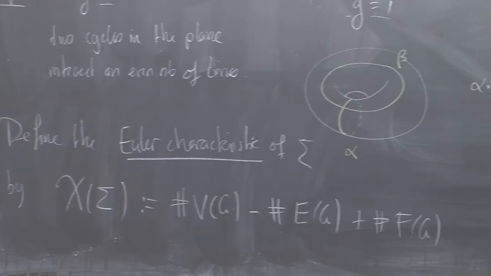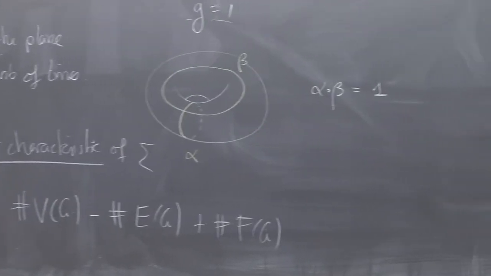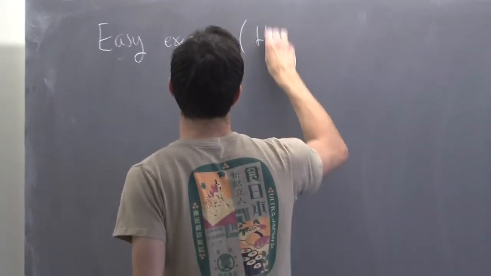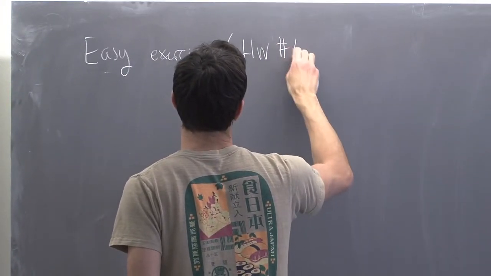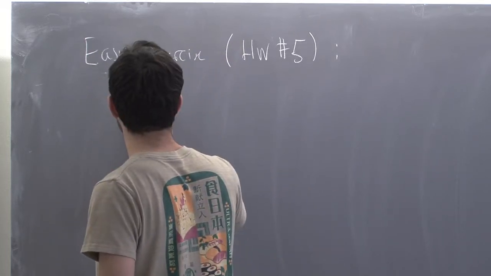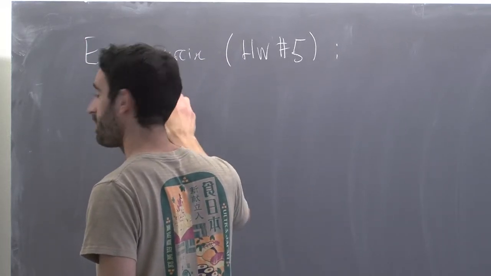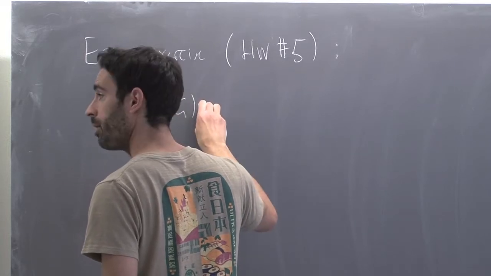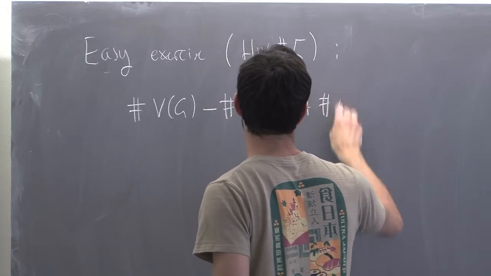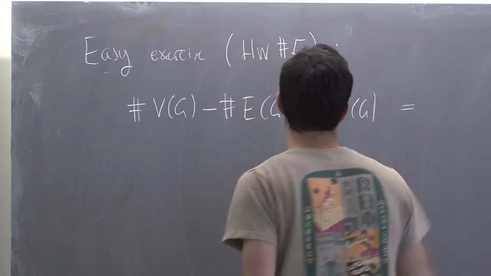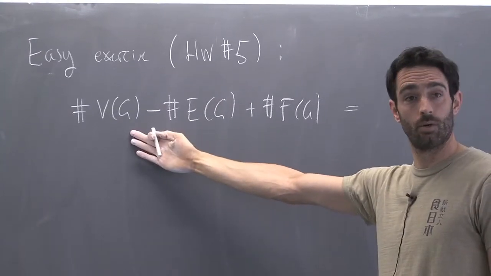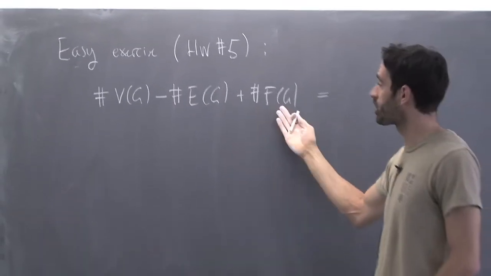And now, easy exercise. It's again in homework number 5. If you look at the number of vertices minus the number of edges plus the number of faces, well, by definition, this is actually the dimension of C0, this is the dimension of C1, this is the dimension of C2, right?